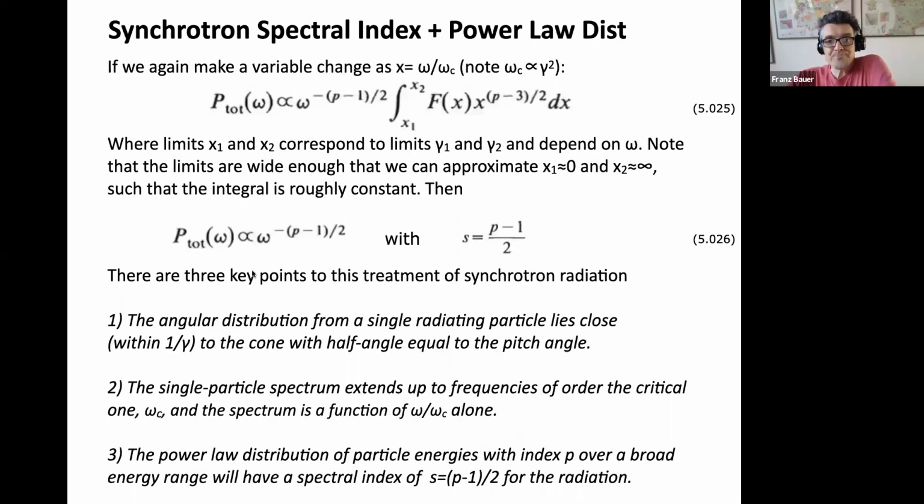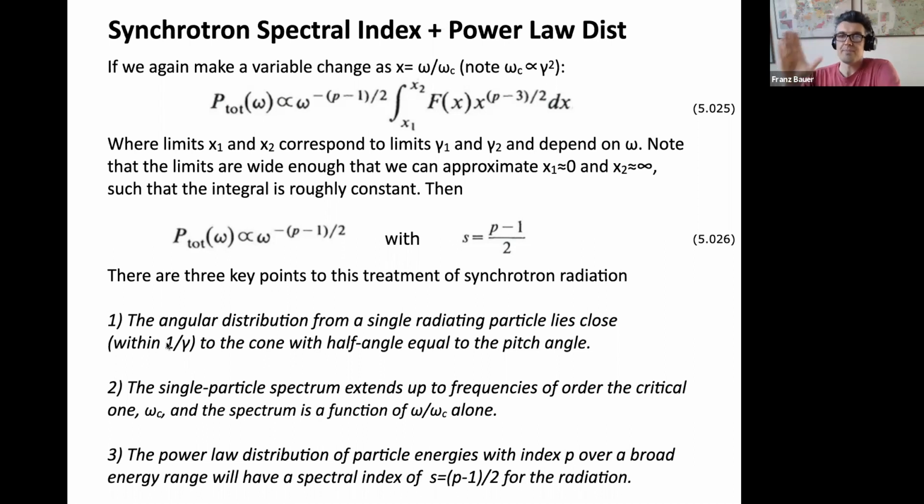Okay, so this treatment, while very hand-wavy, gives you rough intuition about the functional form of the power that's coming out, how the power is going to vary as a function of frequency. So the angular distribution here is always going to lie within 1 over gamma.